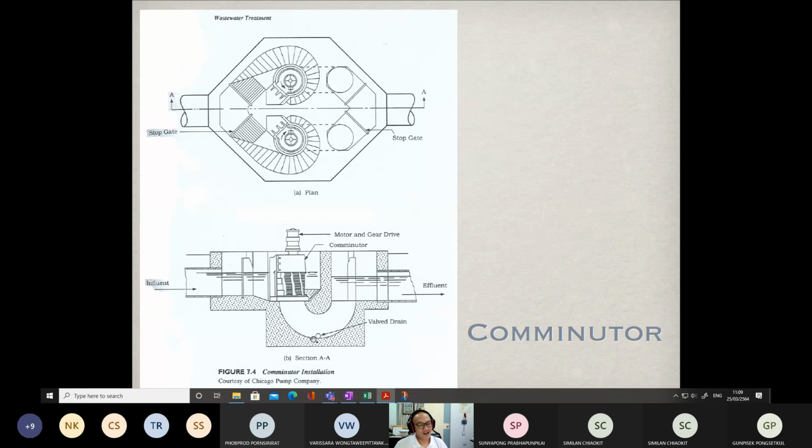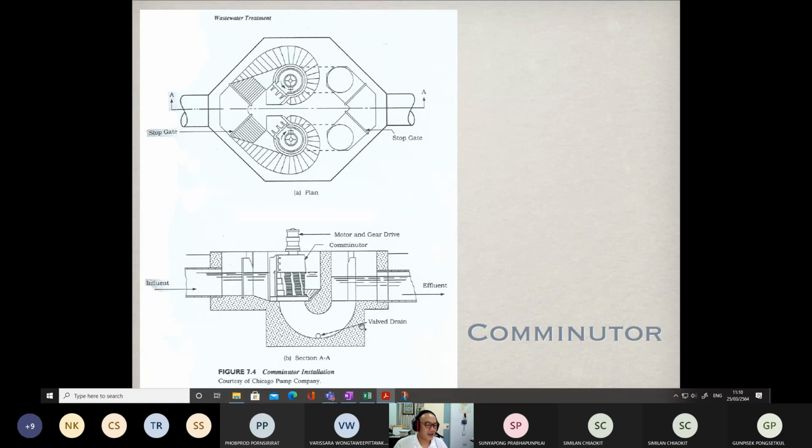Also, as we have to make a U shape like this, there is a very high chance of organic accumulation at the bottom if we are not handling or draining them regularly.